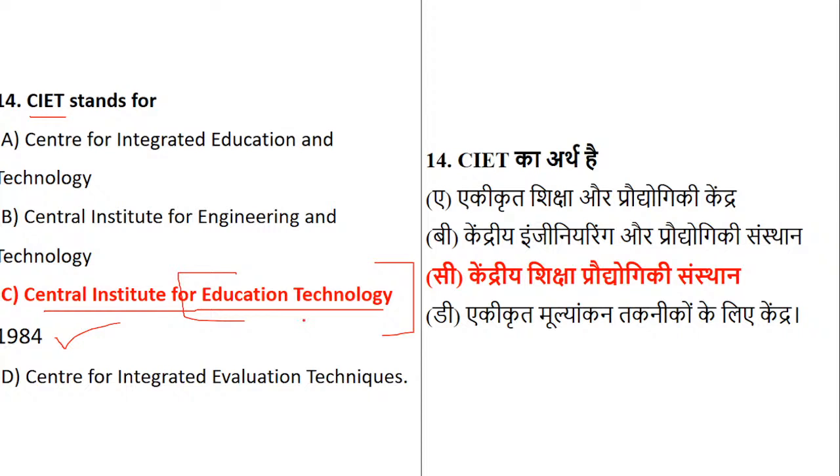Please try to understand, as I told you, keep a little bit of information with the role of that particular body. If you have your notepad, you can at least write these 2-3 sentences. Providing the learning system with the help of technology was the main aim of Central Institute for Education Technology, and the year was 1984. Please take note of all these things, because none of the books have covered them in detail. At least these things you have to remember: the acronym, the full form, the founded year, and the aim and objective. That much is enough for you to remember for all the bodies.